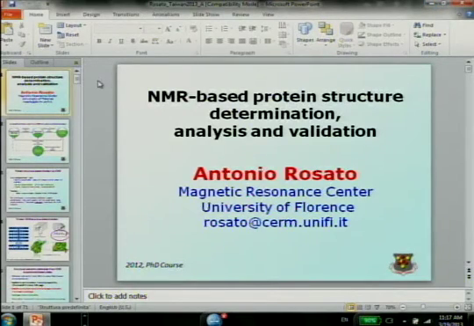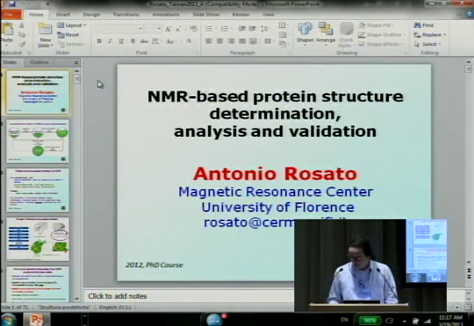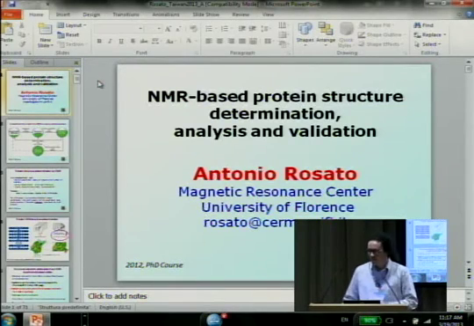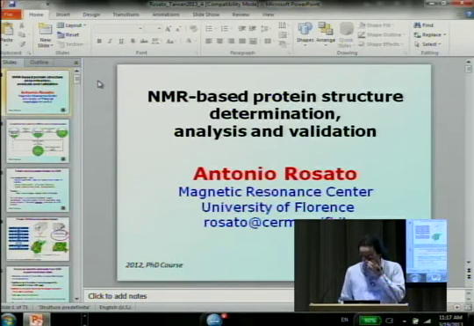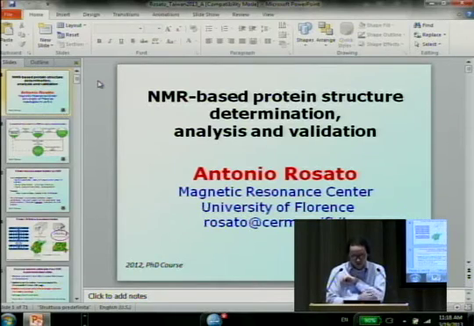So the way that this session is organized is you will now get a fairly extensive introduction about actually what's the basics of NMR structure calculation and validation, because we need to set the ground so that we are sure that we are on a common footing regarding a number of things.